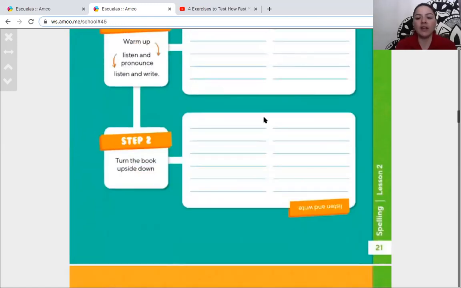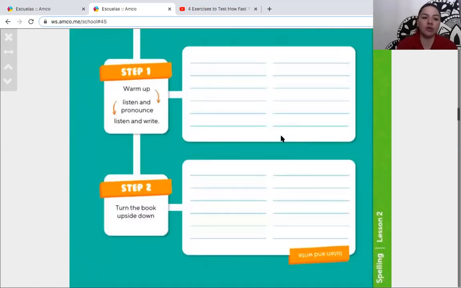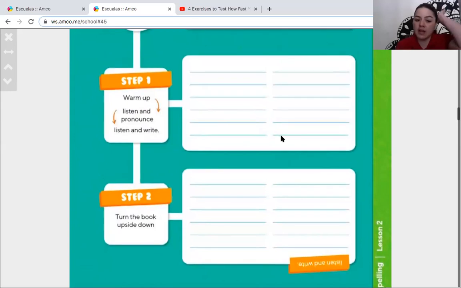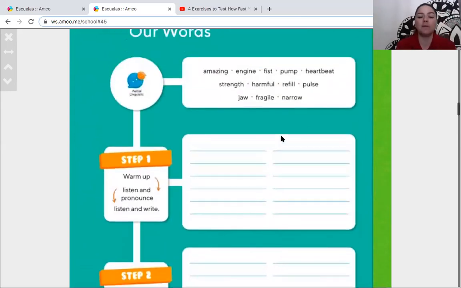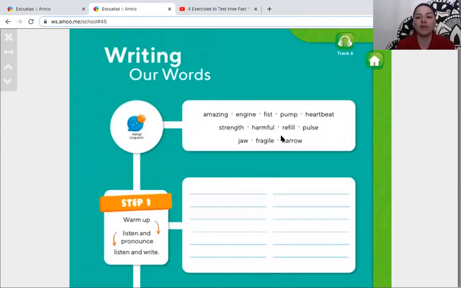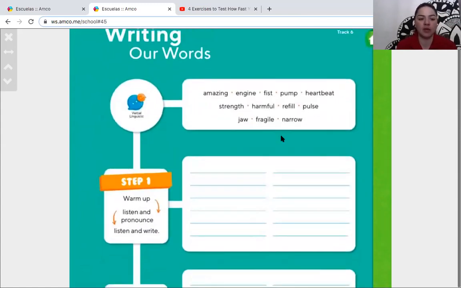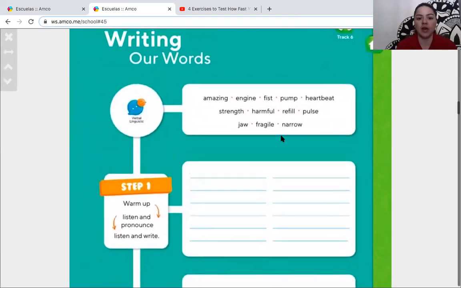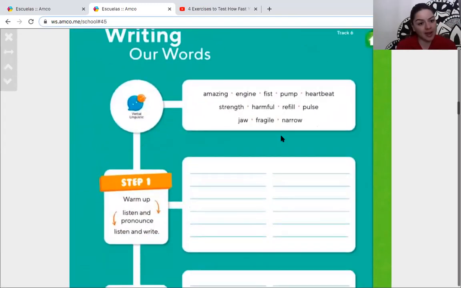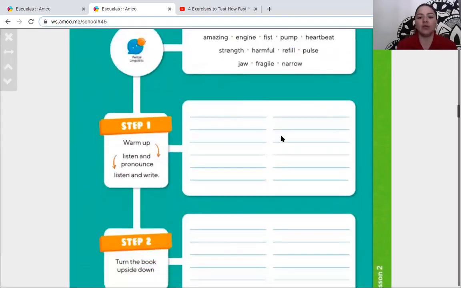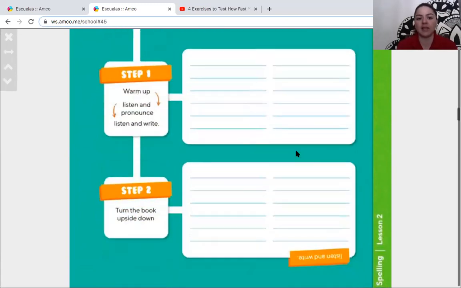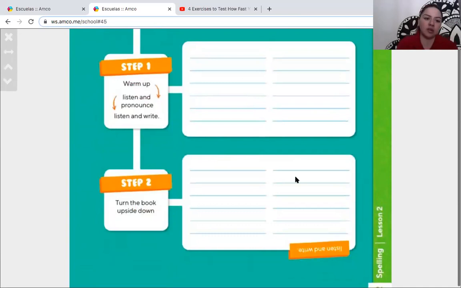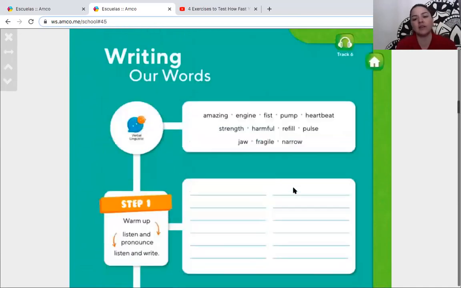You will write the words like you do in every lesson from AMCO and your books, with the same dynamic we use every day we work here, okay? I will play the track again, and you will listen 2 times. The first time to write it here, and the next one, you have to turn the book upside down and listen again, okay?